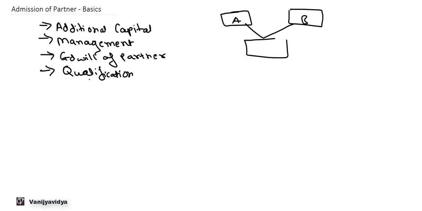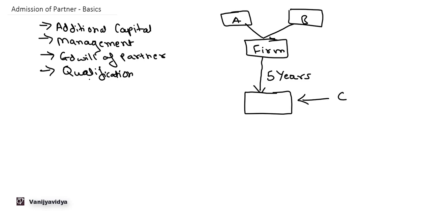Now let us see one example here. Say this is A and B. A and B have come together and formed a partnership firm. Now they are running the business. Now after 5 years, A and B are planning to admit C in the partnership firm.